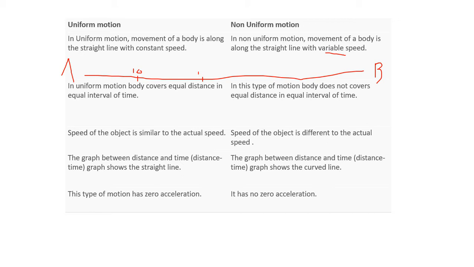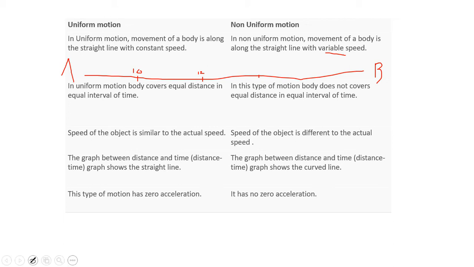It may be 12, it may be 15, it may be 18, or it may be 5. So the speed is variable. That is called non-uniform motion. So in non-uniform motion, movement of a body is along a straight line with variable speed.